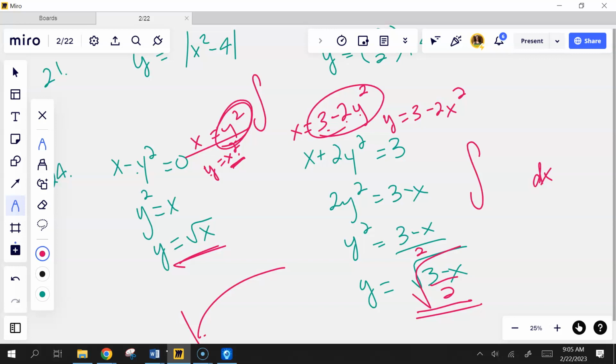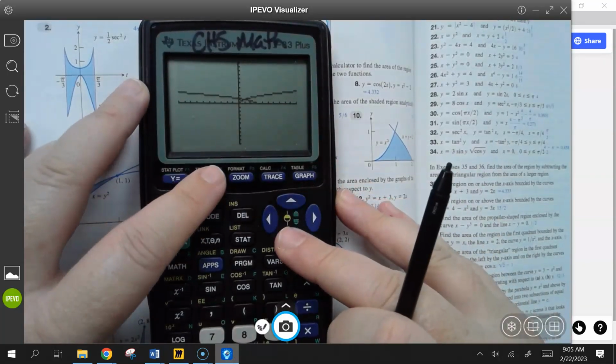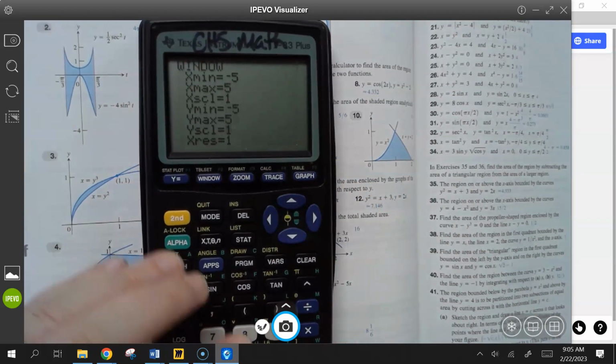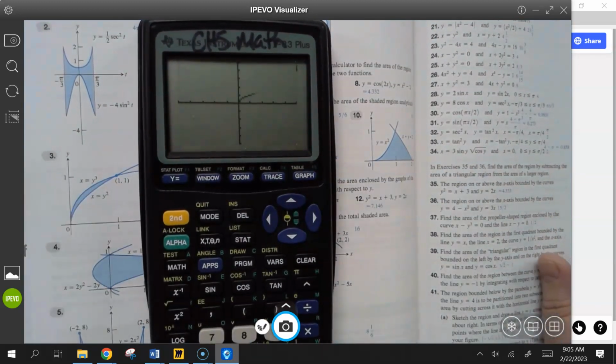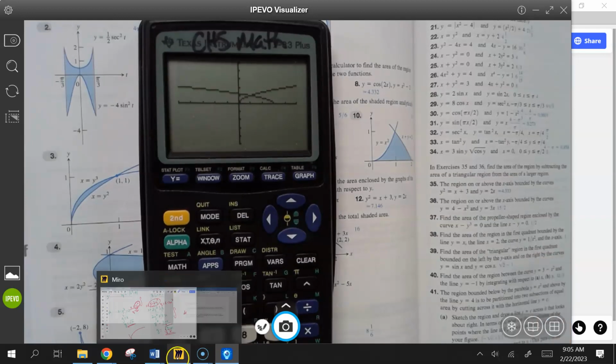Let me show you what this looks like if I solve it for y. These are both of them solved for y, right? And I graph them. So if I were to do this with respect to y, it might be a little bit more difficult for me.